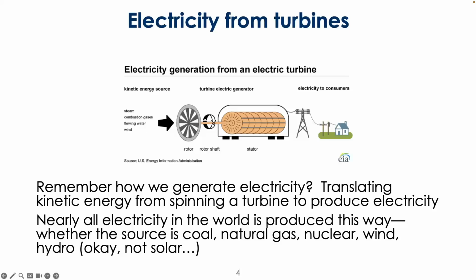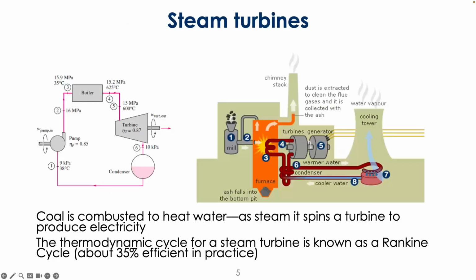So I thought it might be interesting to do a really high-level overview of some of the different power generation methods, so that you can see that at the end of the day, all of the electricity is basically made by spinning a turbine. The first one we'll look at is a steam turbine, most commonly employed in coal plants.